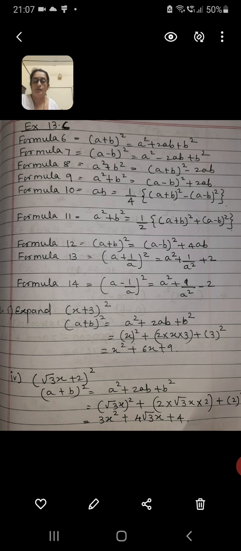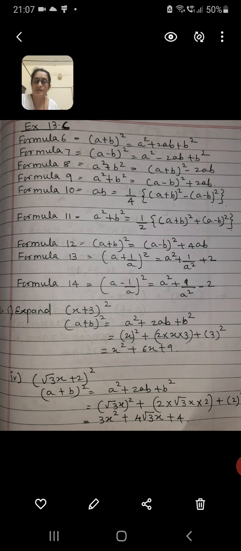So you have to learn all these identities, and as per the question's requirement, we are going to use these identities. Now let us start with the first question of the exercise, that is expand x plus 3 the whole bracket square. Here two terms are there and the bracket is squared, so it is in the form of a plus b square.